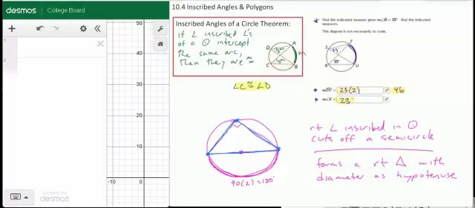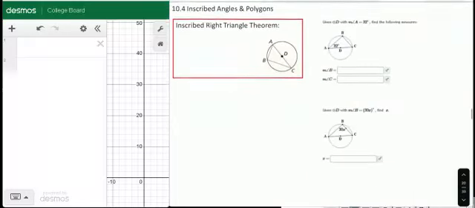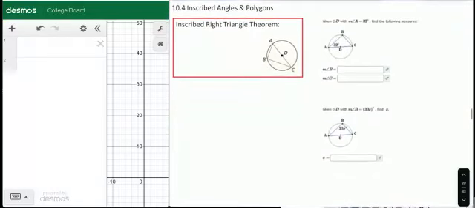Which takes us to this next relationship that says, if you have a right triangle inscribed in a circle, and then it's what we just saw, then the hypotenuse is the diameter.